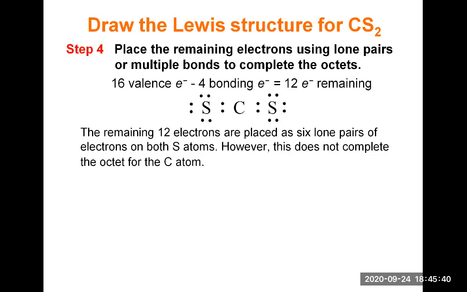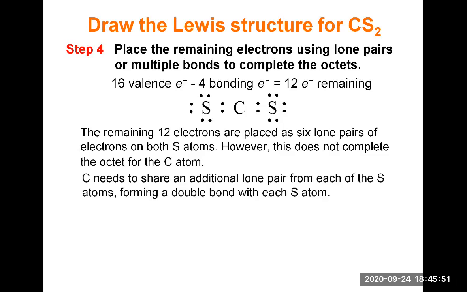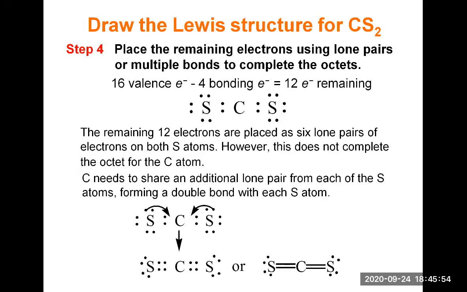So the sulfurs will have to share a lone pair, and each of them, because carbon has only 4 electrons right now, it needs 8. So each sulfur will have to share a lone pair. And so it will look like this. You show that a lone pair will be shared from each sulfur.